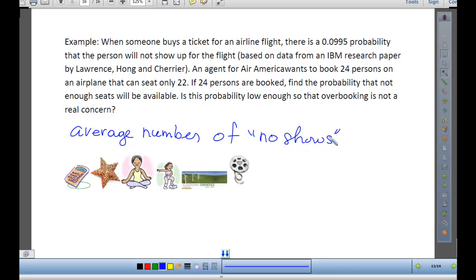We already said that n was equal to what? N is 24. If we're talking about no-shows, p is what? 0.0995. So the mean is 24 times 0.0995, which comes up to what?